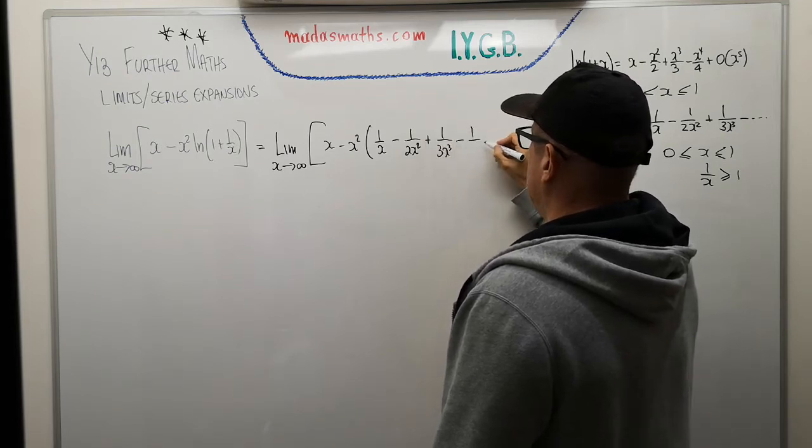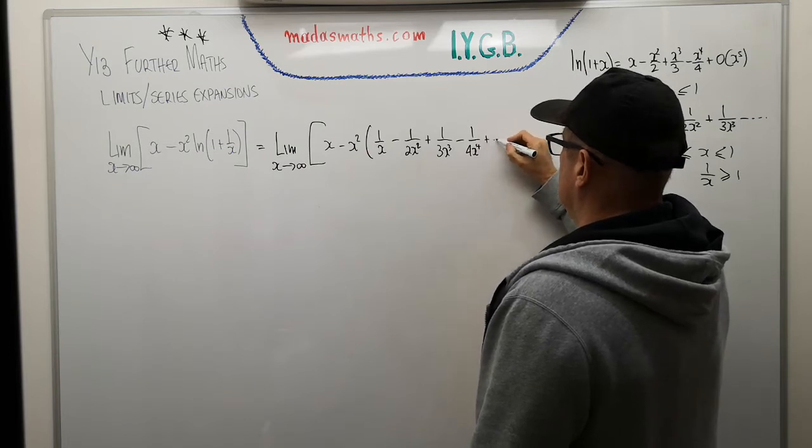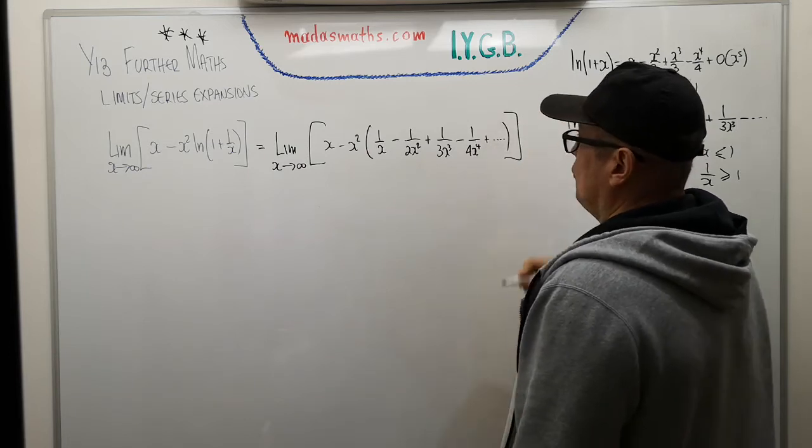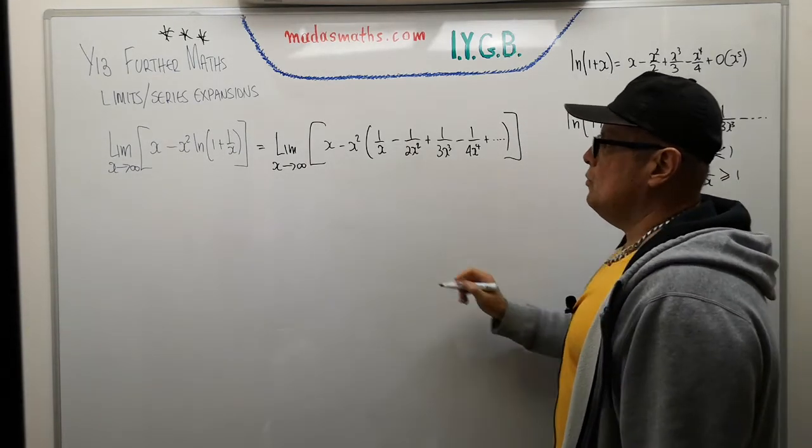Can I put one more term? Maybe I will, not that I need it, as you can see. Once I take the limit, it's only one term that will make the difference. I don't know if you can see which one it is. Let's tidy up a little bit.